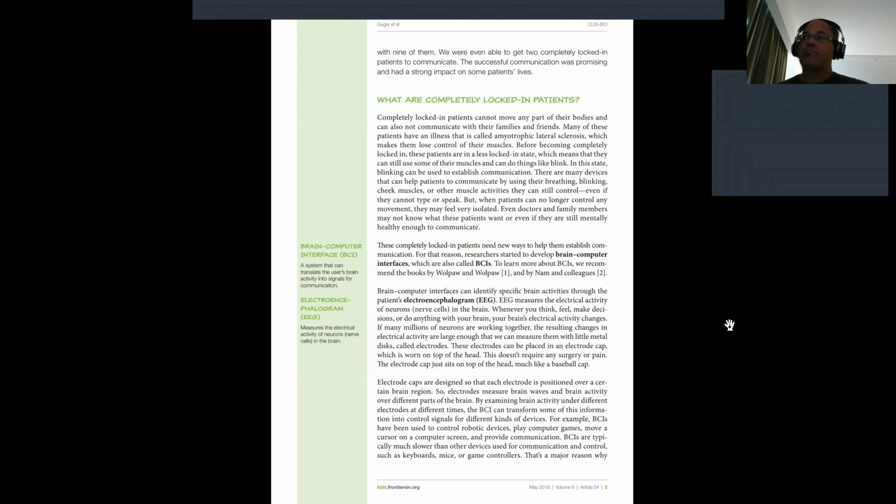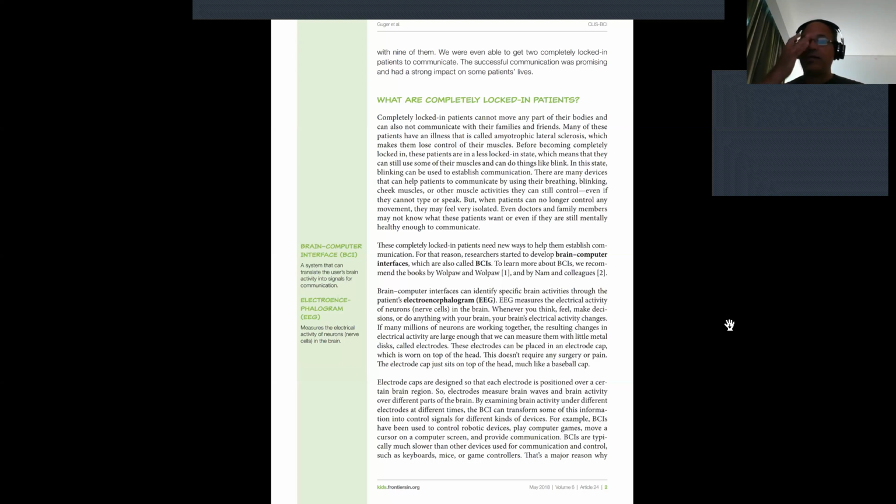And if you choose to perform a certain mental activity, such as to count a certain flash on the screen or a vibration on your wrist, or if you choose to think about moving your left hand versus your right hand, you can change your own brain activity, thereby changing the EEG that you can pick up from outside the head, and thereby you can communicate with the BCI if you have a system that can decode this brain activity.